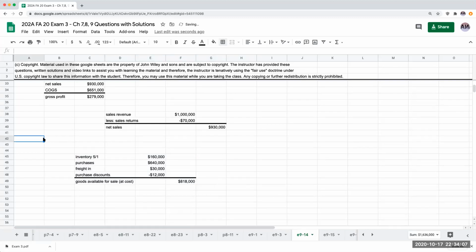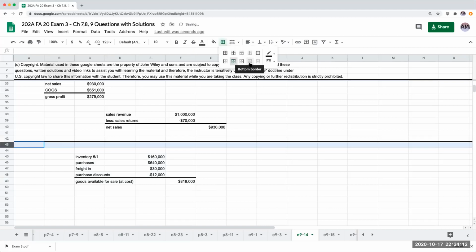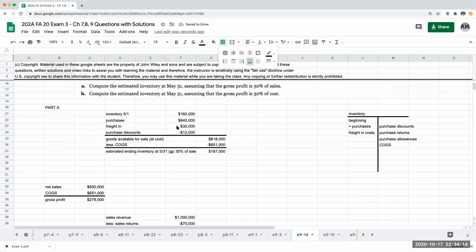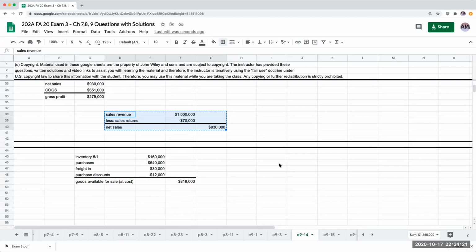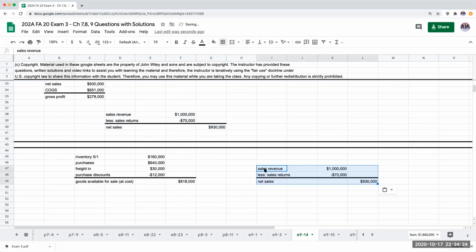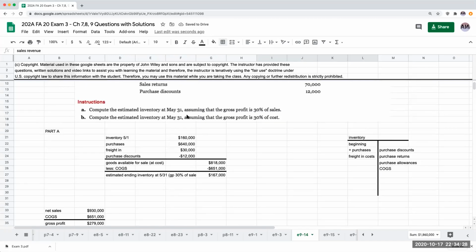The goods available for sale isn't changing; it's going to be exactly the same. Similarly, our net sales is also going to be exactly the same. What we're now trying to figure out is to compute, assuming that the gross profit is 30% of the cost. So give me one quick moment.